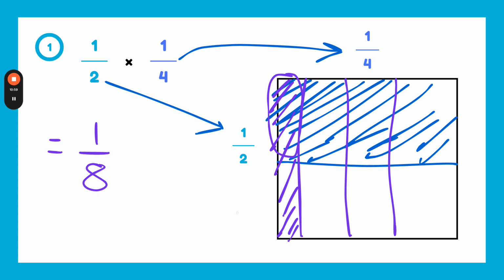So our answer becomes 1/8. So we're looking for which pieces in our diagram have both a blue and purple shading, where they both overlap. And there was only one out of how many pieces? 8 of the pieces.